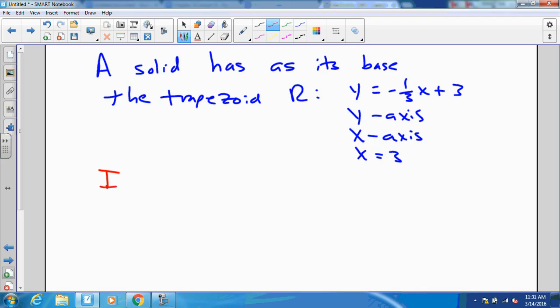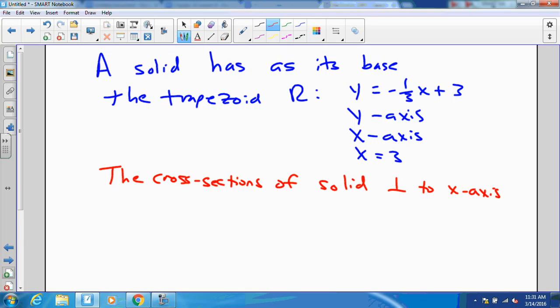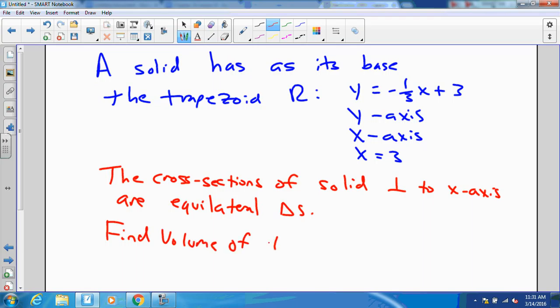Now we are also told the cross sections of the solid perpendicular to the x-axis are equilateral triangles. And now find the volume of that solid. Okay. There's our setup.